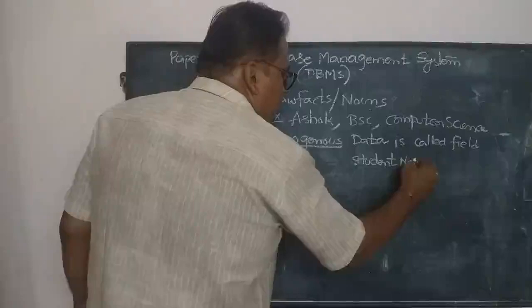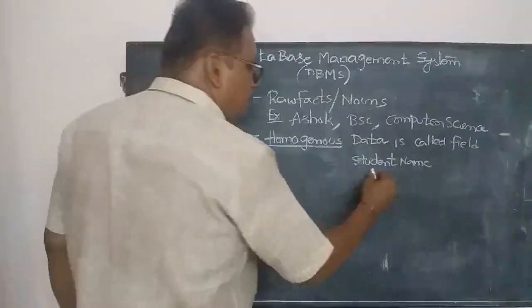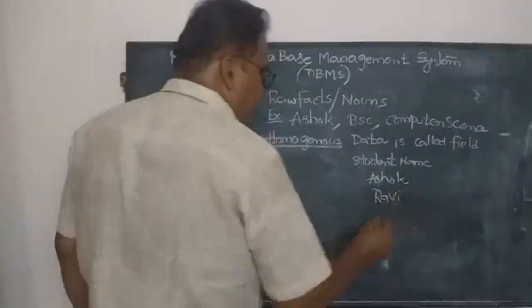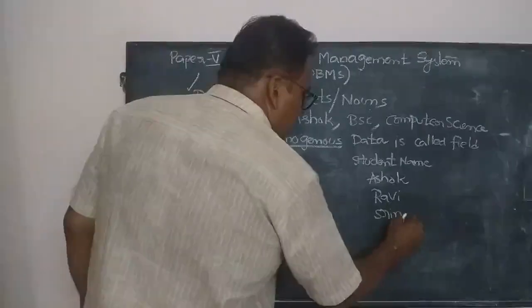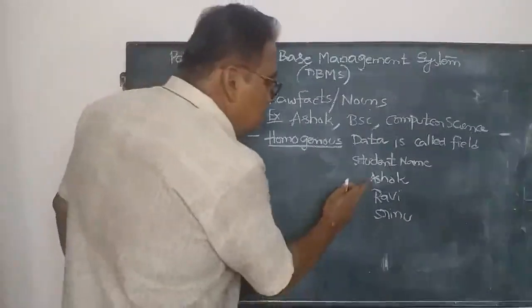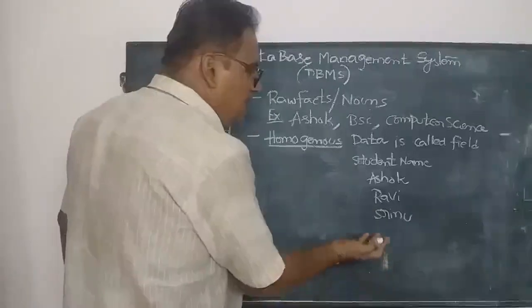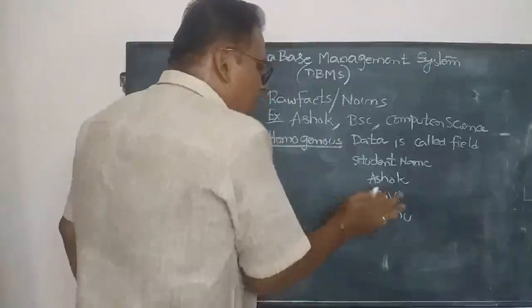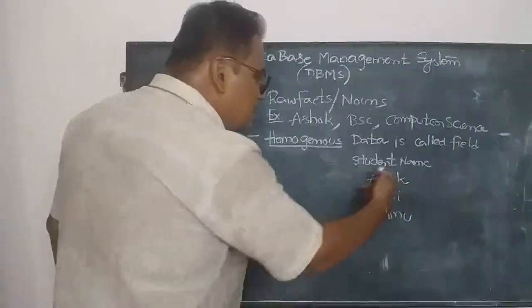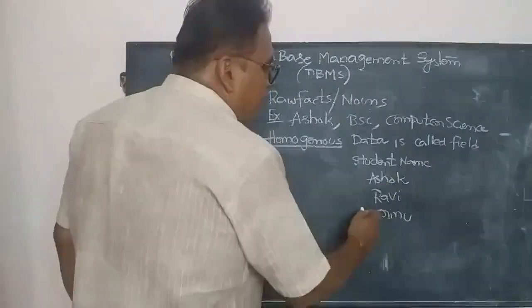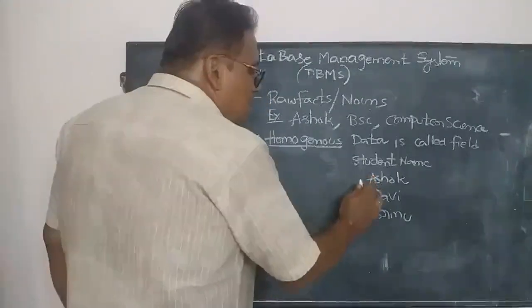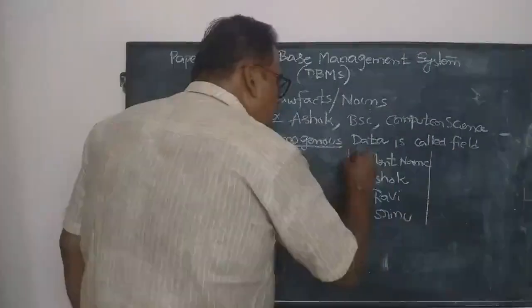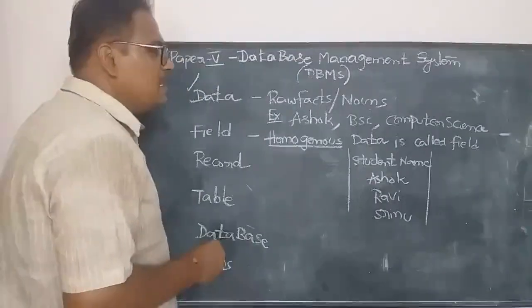Student name: here Ashok, Ravi, Shrinu. These are all data items. These three data items have a particular relation. What is the relation? These are people who are called students. So this set of students is homogeneous, having the same relation. So here student name is a field.